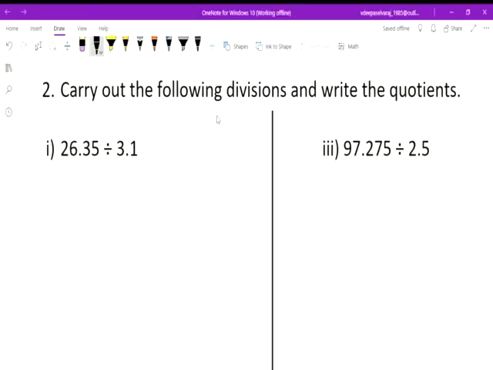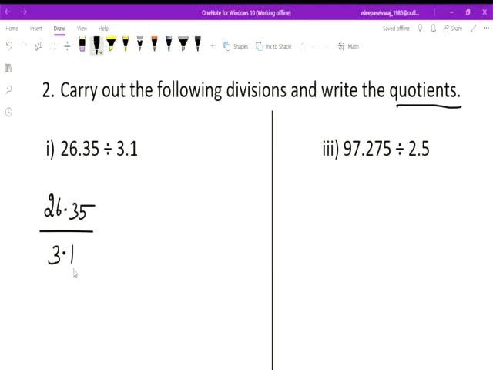Carry out the following divisions and write the quotients. Okay, so we need to write the quotients. First, you divide this: 26.35 divided by 3.1. See the divisor here, it is in the form of a decimal.